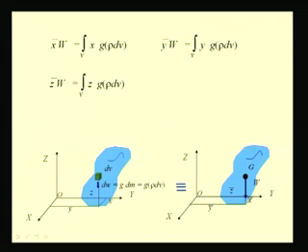From this expression we can find what is this y bar, or the location of this vector with respect to this plane OXZ, and in the same way z bar W equal to integral V z g rho dV, which gives this value z bar, or the location of this point with respect to this plane OXY.